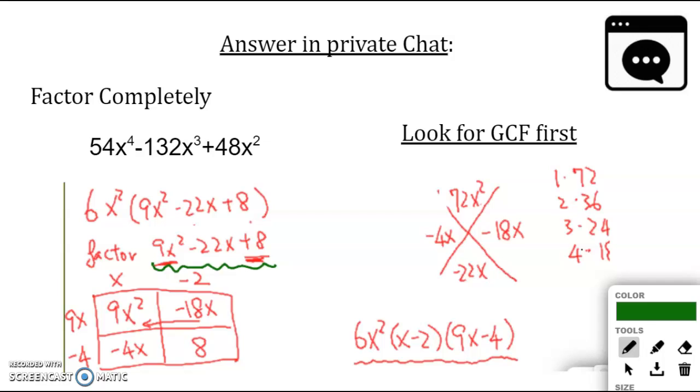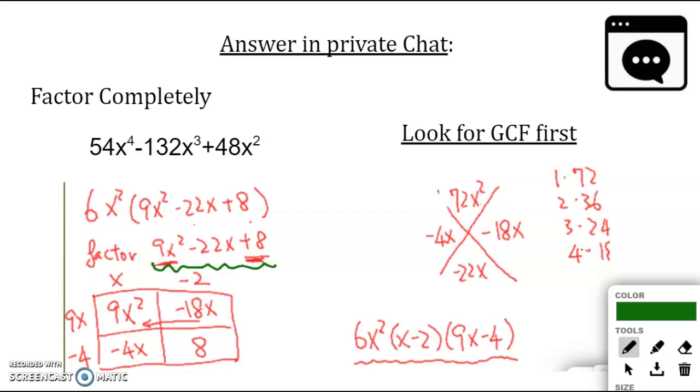Okay, so then multiply 9x squared times 8 is 72x squared, or you could just put 72 here if you like. And we're looking for the sum to be negative 22. And we look for the two numbers that multiply to 72, but that add to negative 22, and that's going to be negative 4 and negative 18.